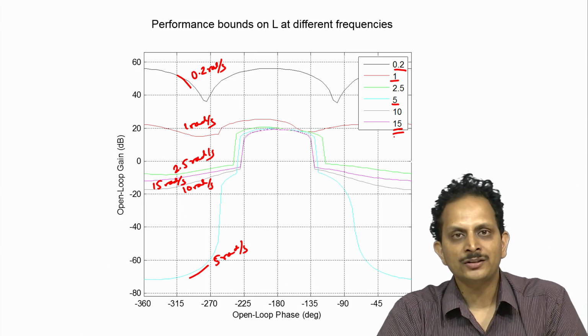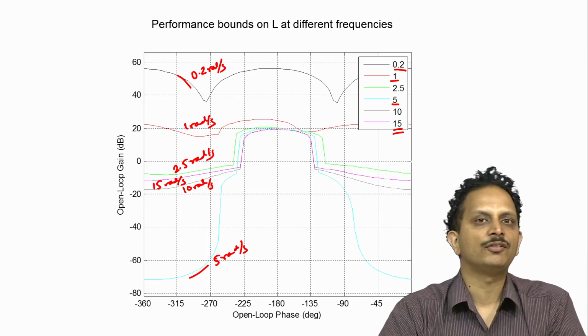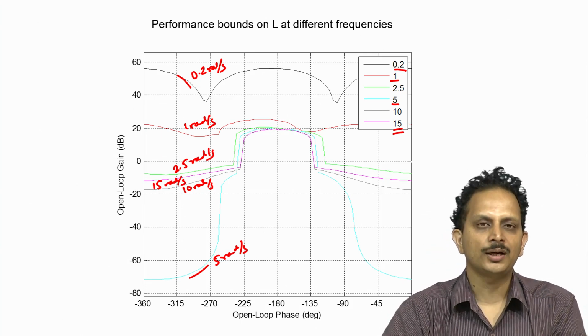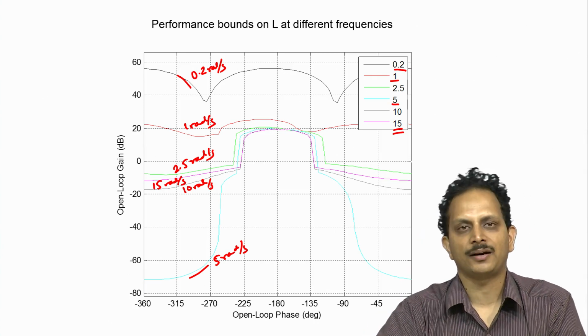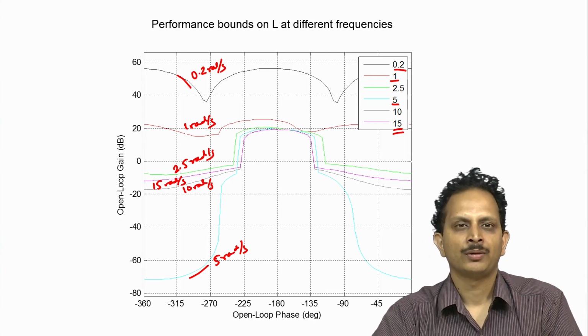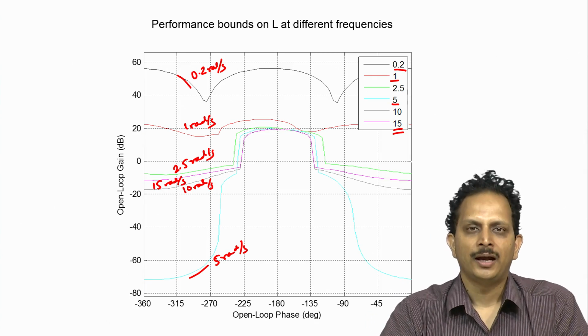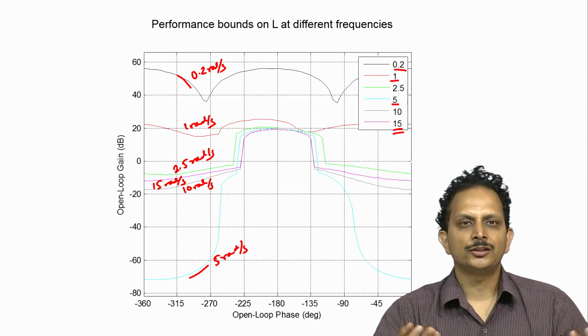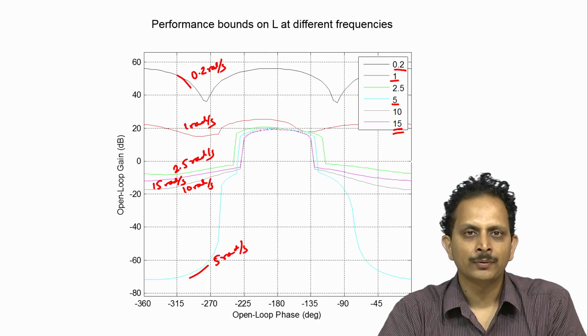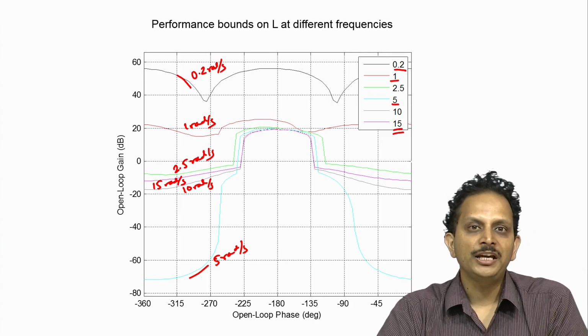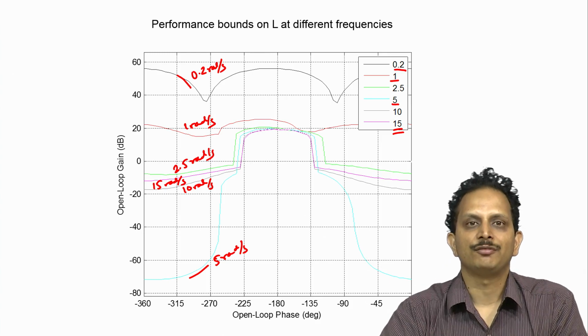Although our performance specification stopped at 15 radians per second, because we found that the transmission function T upper had fallen to minus 20 dB at 15 radians per second, and therefore we were not expecting any tracking specifications beyond this particular frequency, we cannot stop worrying about stability at the same frequency.